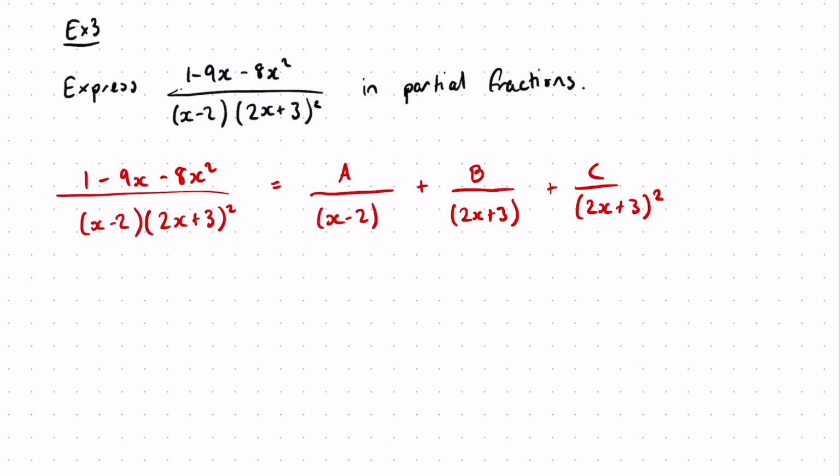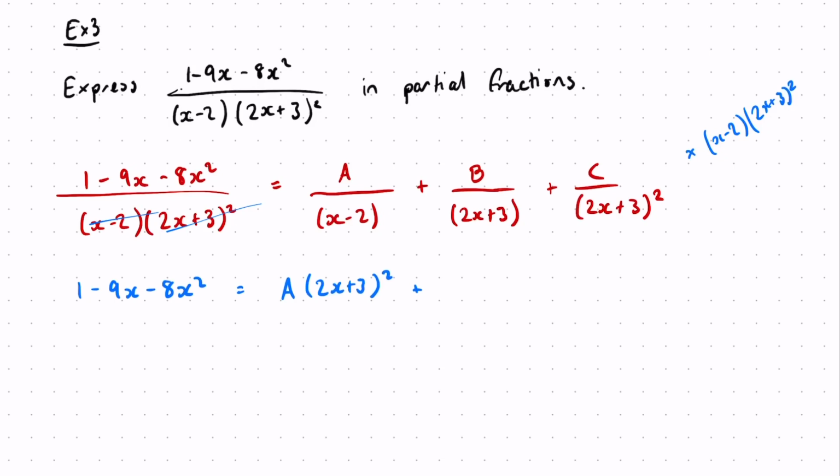Now that I've written it as this, I can multiply through by the denominator on the other side. So we're going to multiply through by x minus 2, 2x plus 3 squared, which is going to completely cancel out the denominator on the left hand side, leaving me with 1 minus 9x minus 8x squared is equivalent to, so A over x minus 2 multiplied by this, the x minus 2's are going to cancel, giving me A(2x plus 3) squared.